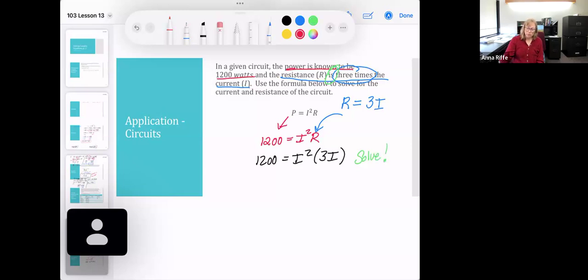I have parentheses, so I'm going to begin by multiplying. 1200 is equal to 3. I squared times I is I to the 2 plus 1 power, or I to the 3rd power.